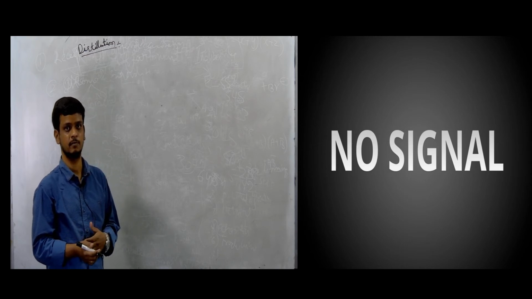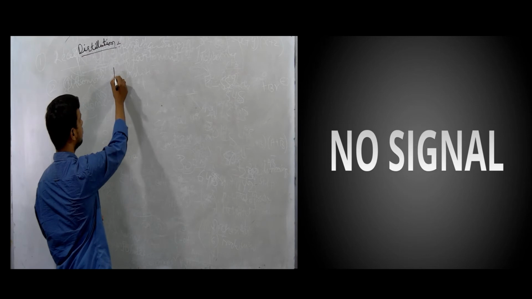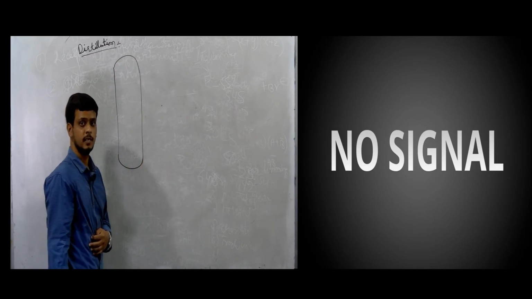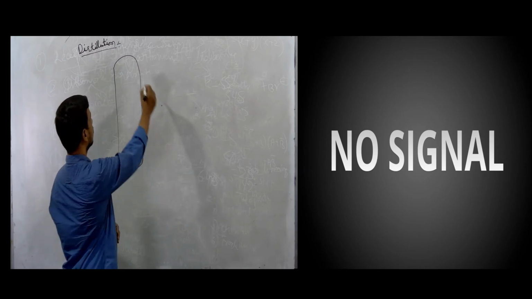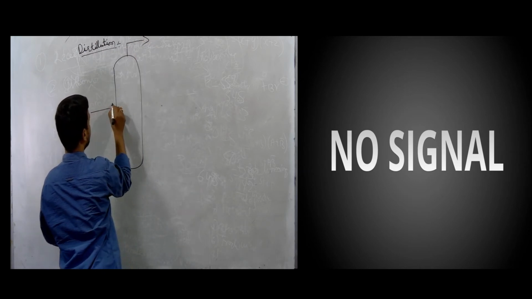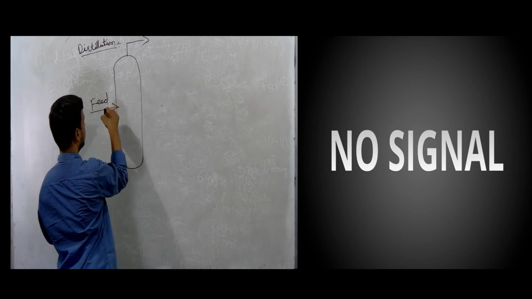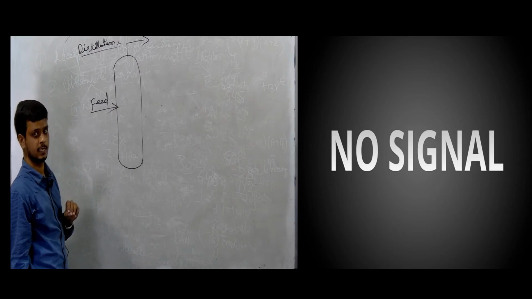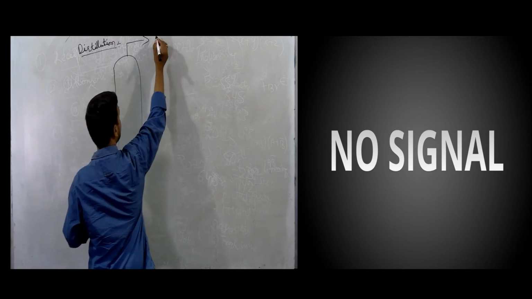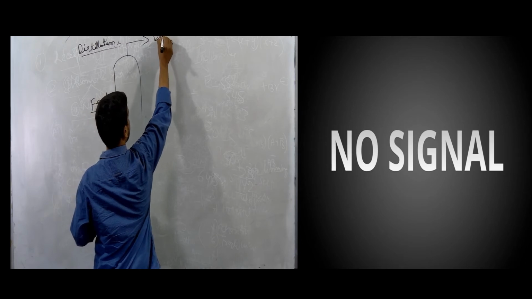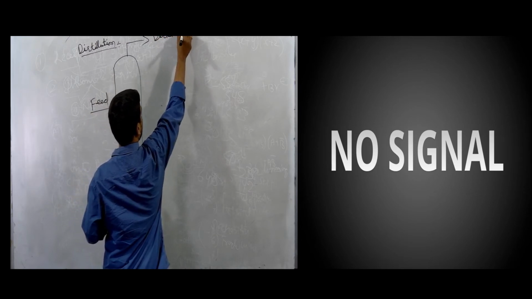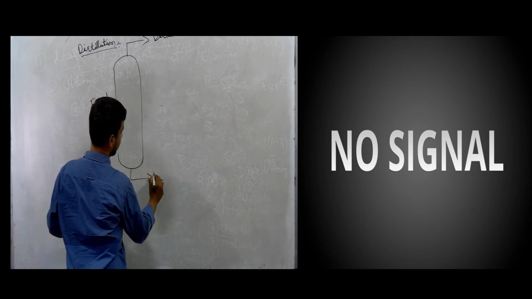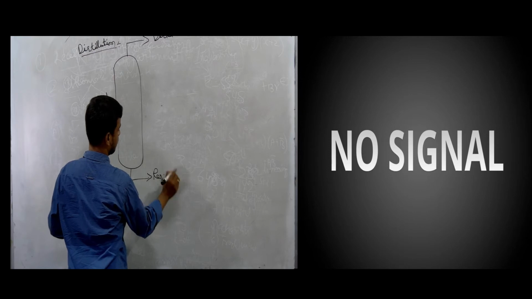So how will the distillation take place? Usually in a continuous fashion, there will be a column, from which we will give some feed. This feed is the input for the distillation, and the two outputs from the distillation column are the distillate and the residue.